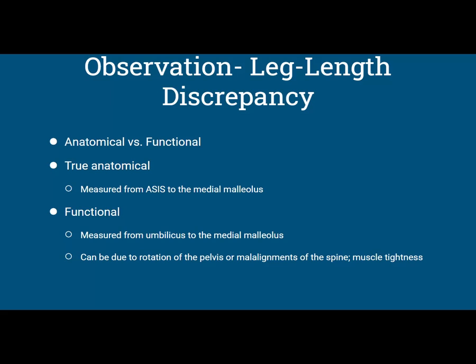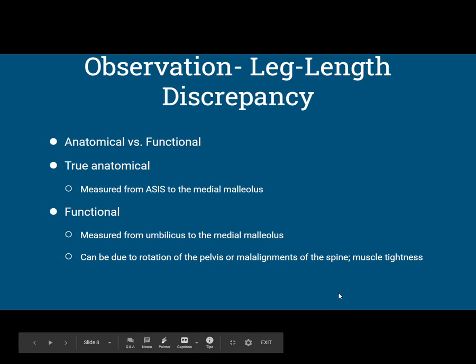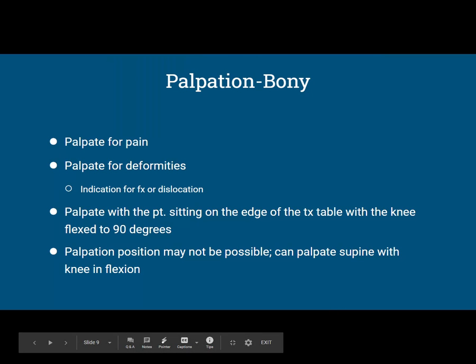Then you have them bridge and get their hips back to where their quote-unquote normal is. Then look at their ASISs. Use your thumbs, evaluate it, see if they're level, check their medial malleoli, see if they're level, and depending on if there's a rotation, you can make an adjustment on them as well using muscle synergy. We will go over that in class.